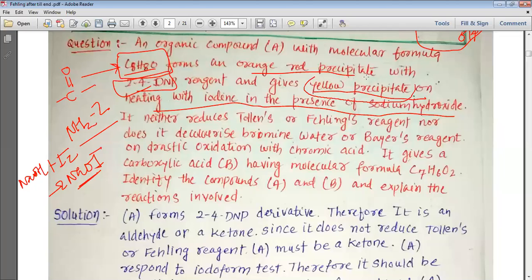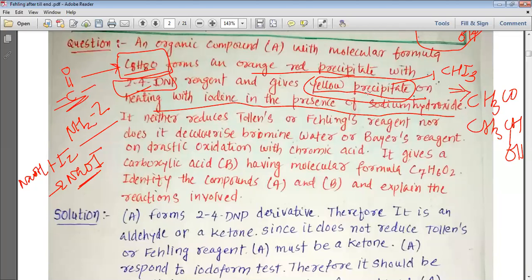These yellow precipitates are generally because of CHI3, which is known as iodoform. So here we can say that this compound may contain either a CH3CO or CH3CH(OH) group, but we are already aware that it contains the carbonyl group. So the probability of having a CH3CO group is much higher.